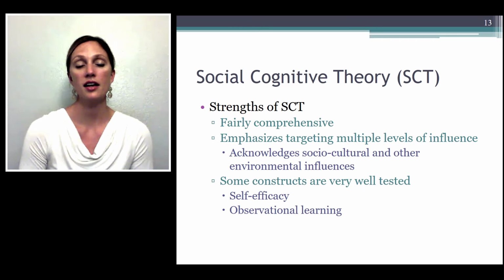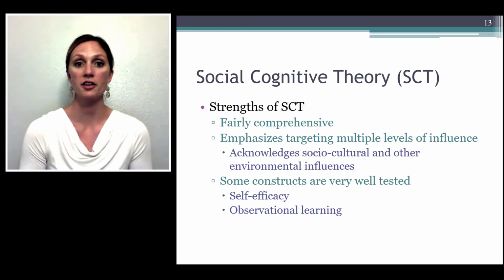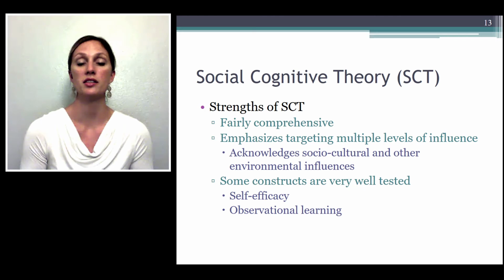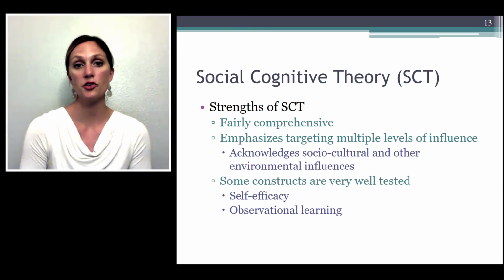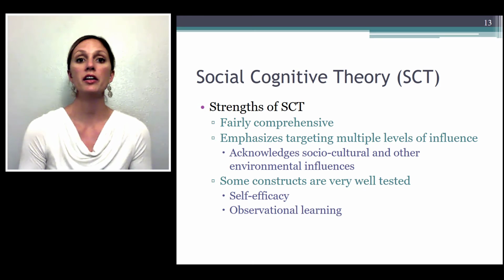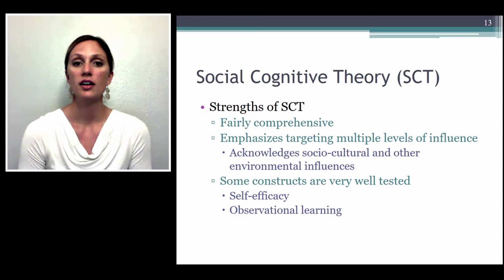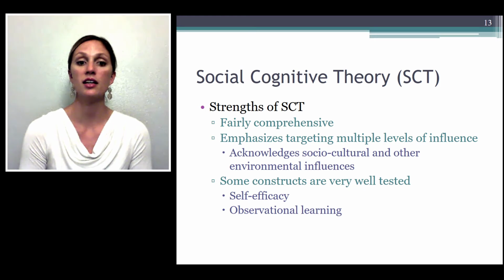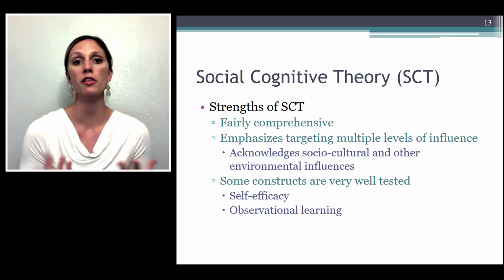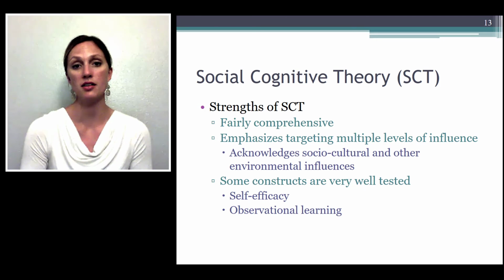And because it does identify these various factors, it emphasizes the need to target multiple influences on an individual when you're trying to make behavior change. Another great benefit of the SCT is that some of the constructs of the SCT have been very well tested empirically in research. Specifically, self-efficacy and observational learning have a wealth of scientific backing to support the importance of these constructs to behavior.